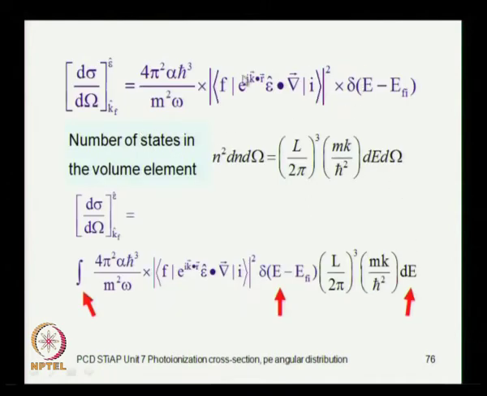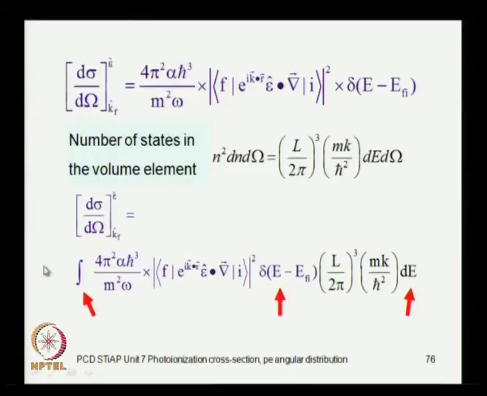So, once you put in this n square dA and d omega which we have found, we need to add up the contribution due to all of these states which are degenerate with respect to the physical process that we have in mind. So, you have to add up, and addition is integration. So, that is what we have done over here. You have got this Dirac delta.